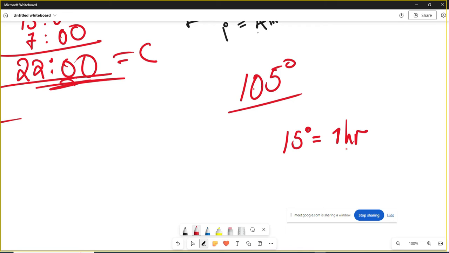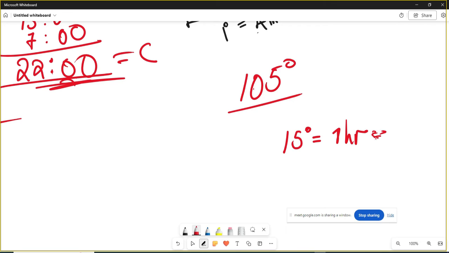I just used the 360 to derive this relationship, so that you can see where it comes from.